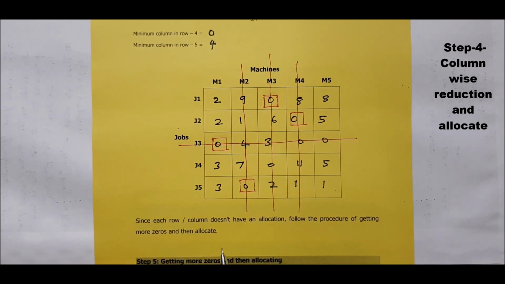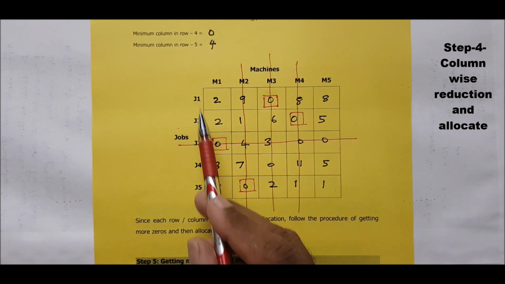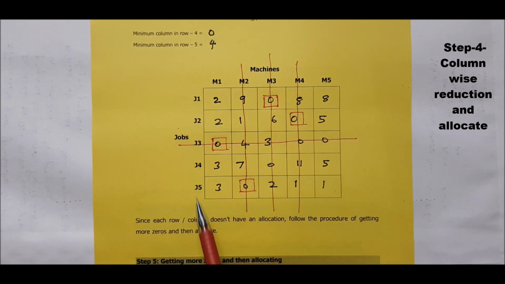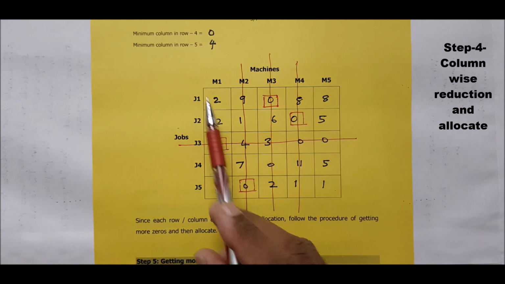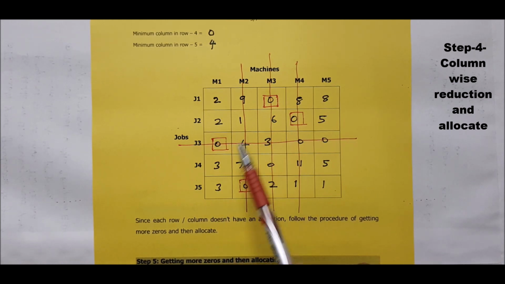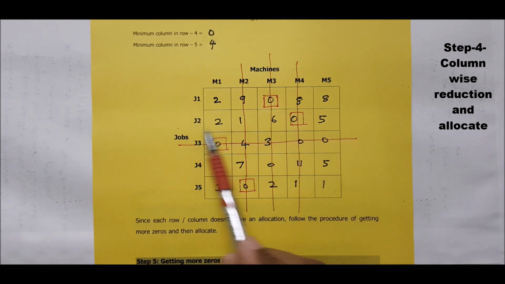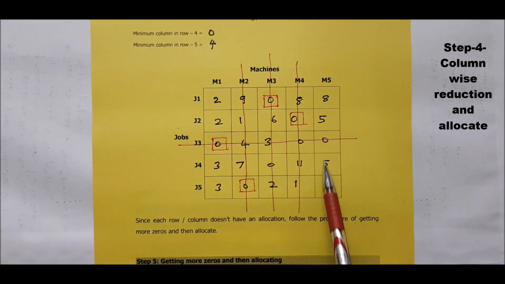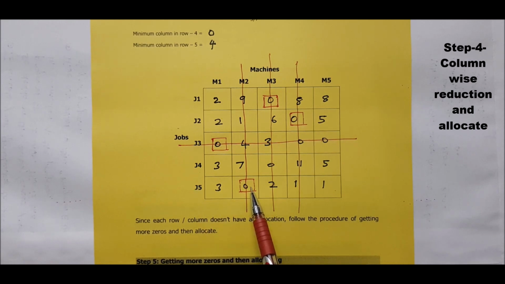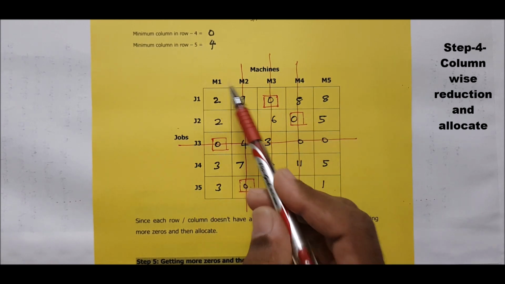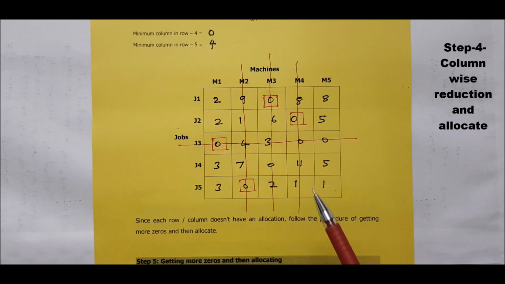And at this particular point of time, I have to check and see, in a 5 job, 5 machine problem, it is a 5 by 5 table. There should be 5 allocations. 1, 2, 3, 4. That is job 1 is allocated, 2 is allocated, 3 is allocated, 4 is not allocated to anything, 5 is allocated. Therefore, in a 5 by 5 table, there should be 5 allocations.